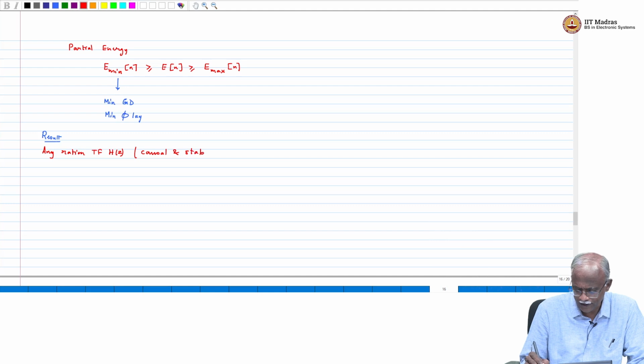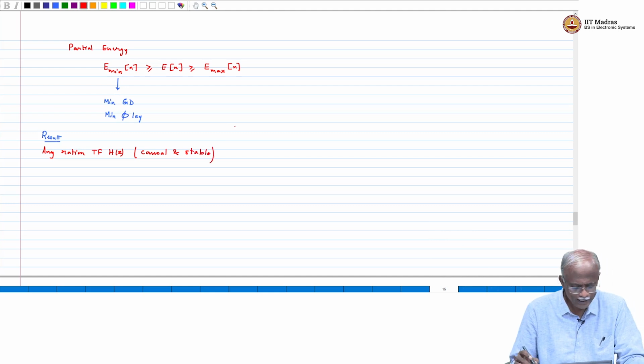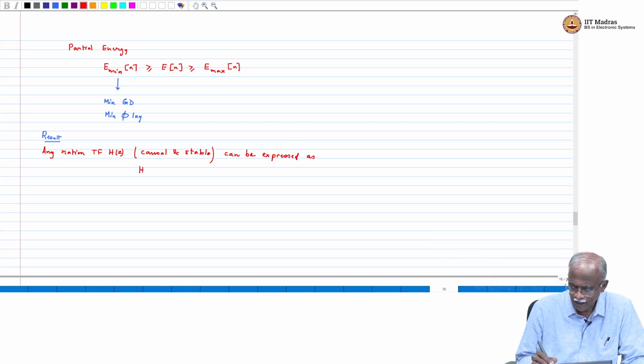But let us specify that a causal and stable h of z can always be expressed in the following form: h of z equal to h min of z.